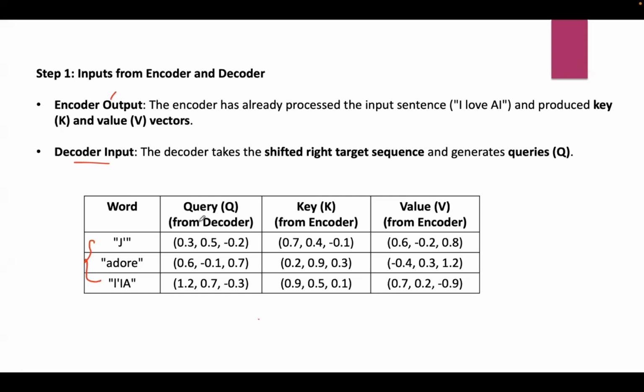The decoder queries the encoder output using Q from the decoder. Then it computes attention scores between this Q as well as K from the encoder. These attention scores are calculated with the help of dot product. Then these scores determine how much focus should be placed on each encoder token.